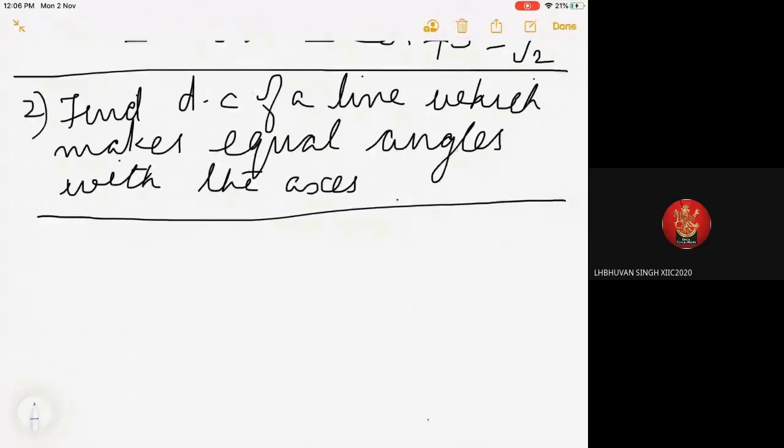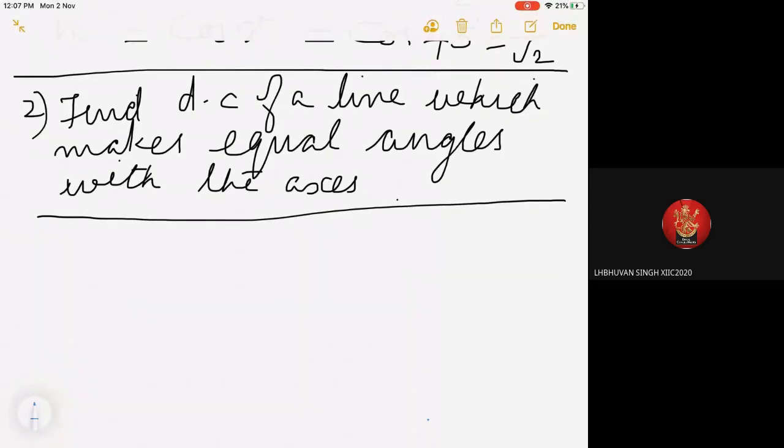Find the direction cosine of a line which makes equal angles with the axes. Some children have left the class. I think they have lost the connectivity.